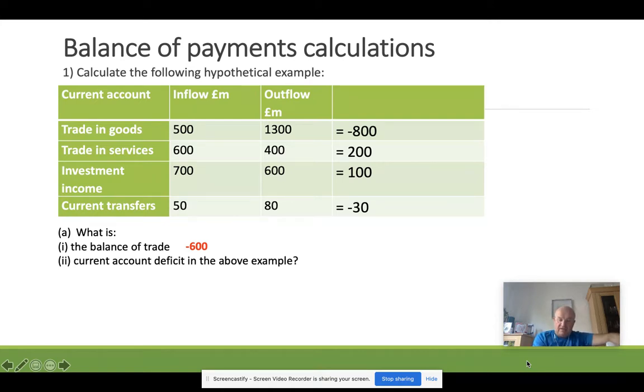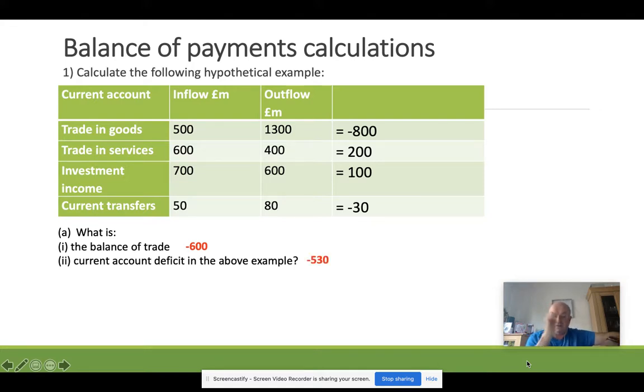Okay, but let's take a look then in this instance at what the current account deficit would be in the above example. If we take all of those elements combined, basically it would be negative 530.